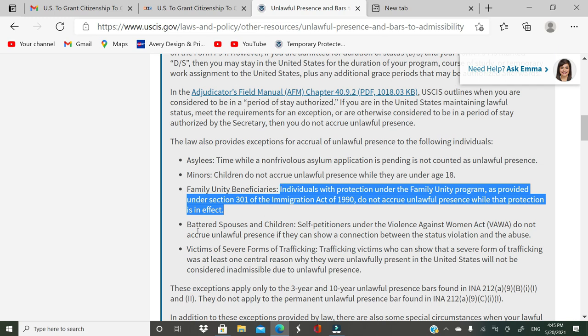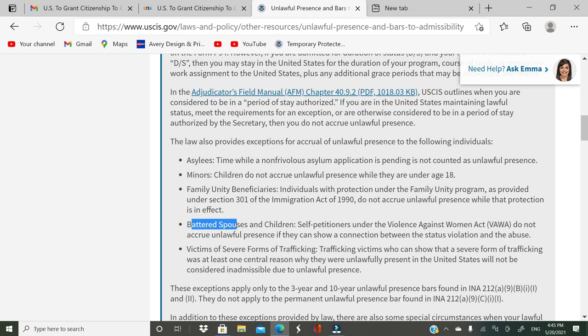And then another exception we have is for battered spouses and children and VAWA petitioners. VAWA petitioners, self-petitioners under the Violence Against Women Act, do not accrue unlawful presence if they can show a connection between the status violation and the abuse.